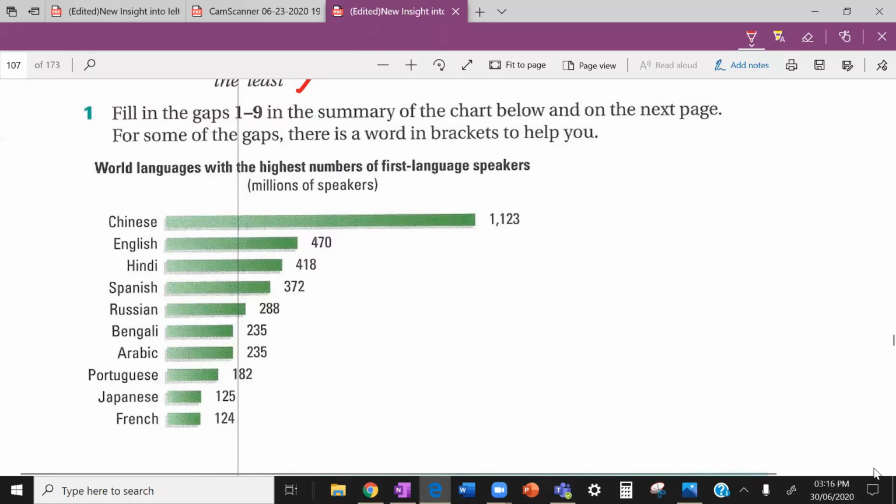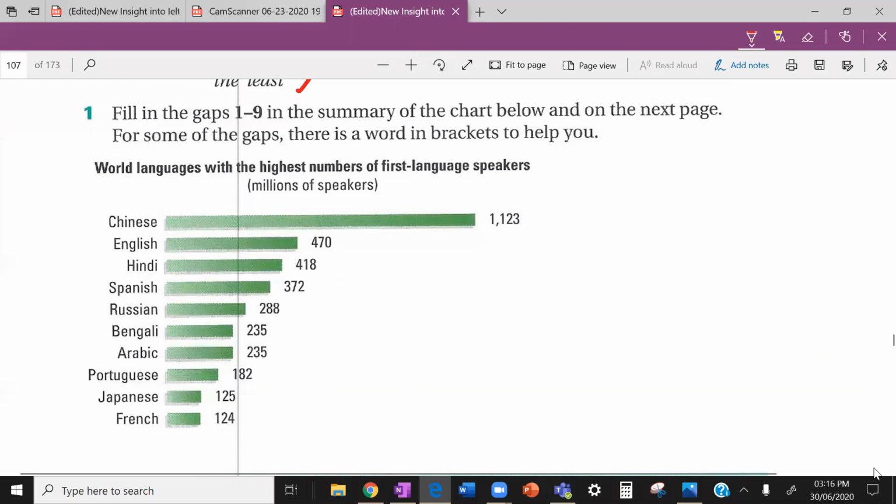Okay, so the bar chart basically explains, Awais is saying the bar chart shows the different countries, people, language, interest level. Zara says the bar chart is about popularity of certain languages. Or the bar chart explains the world languages with the highest number of first language speakers.